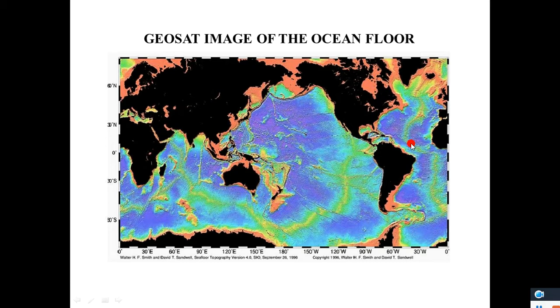Here you can see the mid-oceanic ridges, and these are the major fractures associated with mid-oceanic ridges. We will see some similar photographs in the coming slides. So a major part of the world is covered with oceans. It is needless to tell, you must already be knowing it.